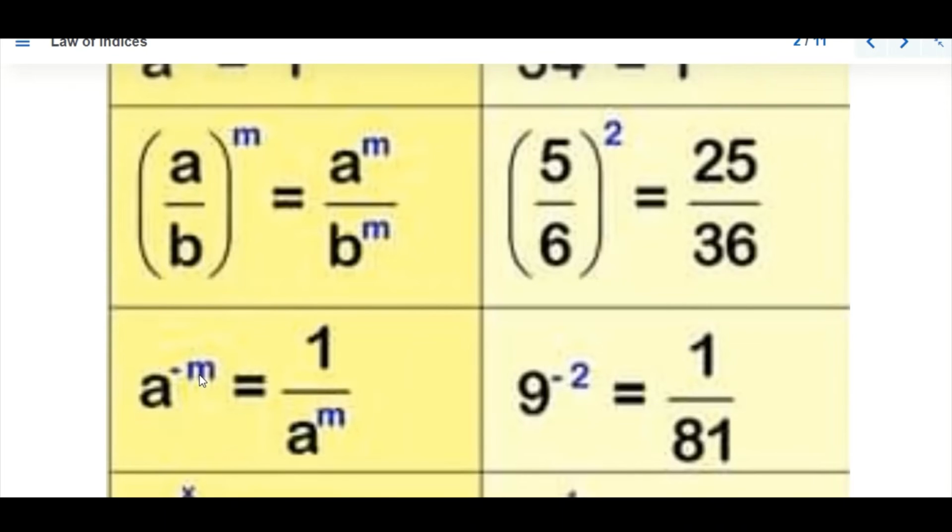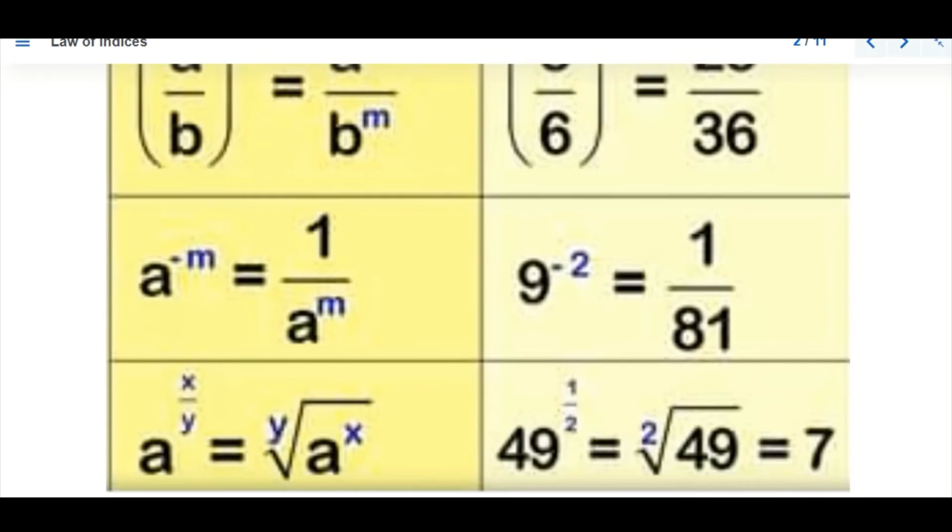A raised to power minus m, if you want to re-express it as a fraction, is 1 over a raised to power m. Then when we have a, the base number, raised to power x over y, this can be expressed as the yth root of a raised to power x.